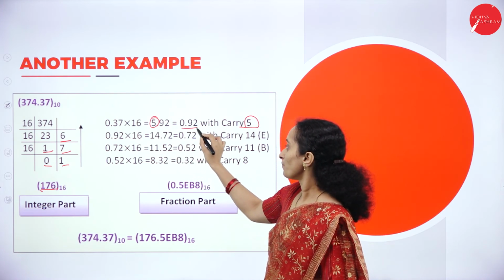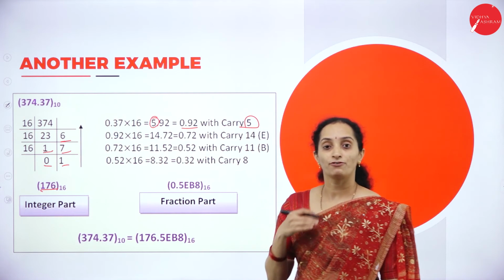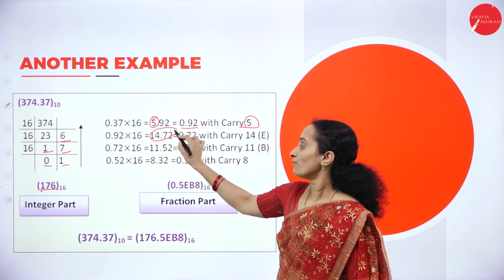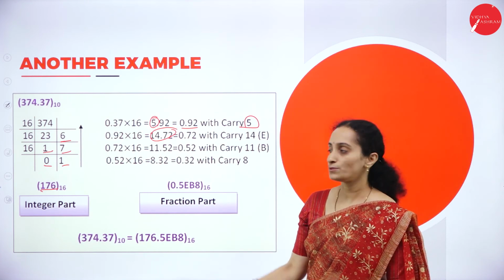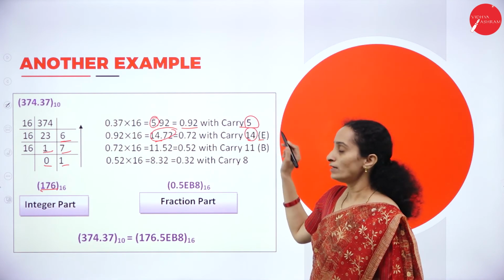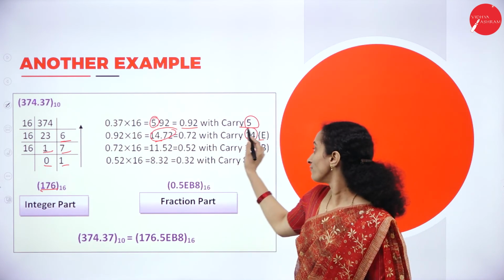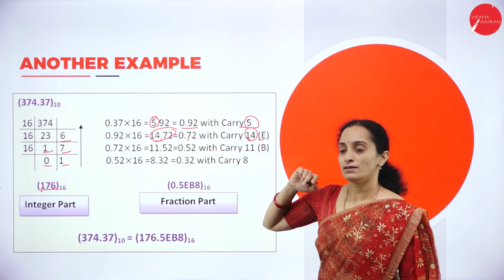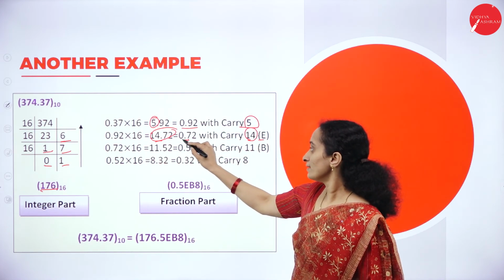So, this 0.92 will be considered for the next multiplication. Into 16 results in 14.72, where 14 will be considered for the next position after 5.